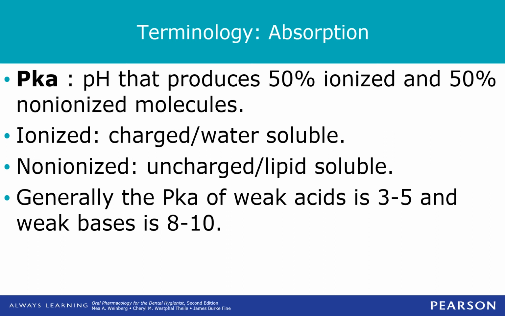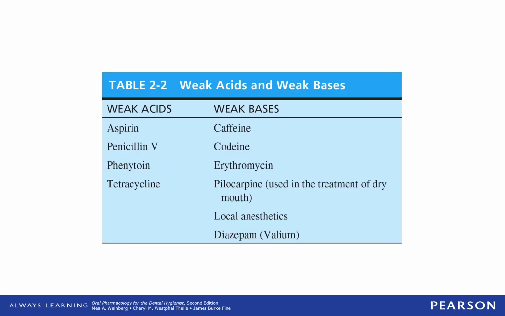Generally, the pKa of weak acids is between 3 and 5, and weak bases is between 8 and 10. Table 2.2 has examples of weak acids and weak bases.